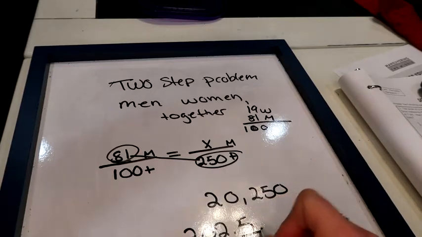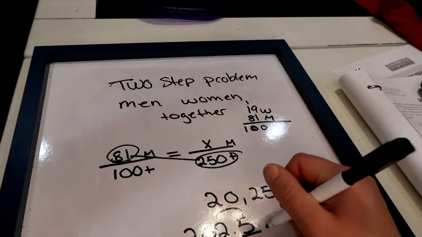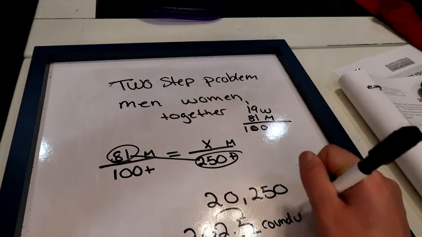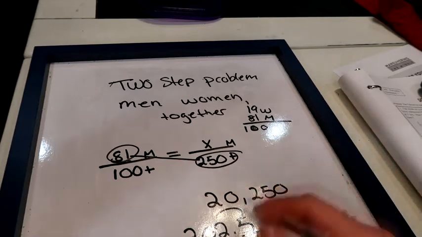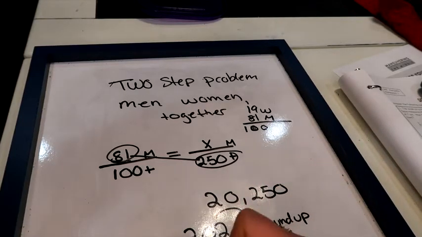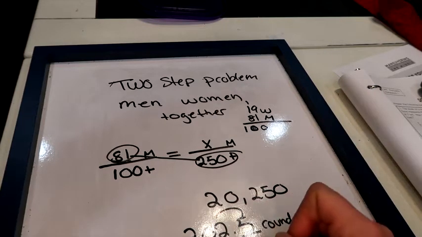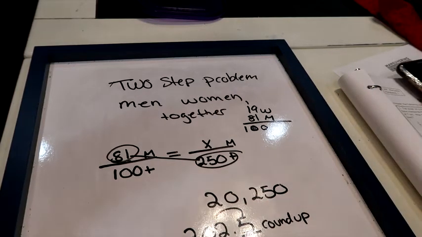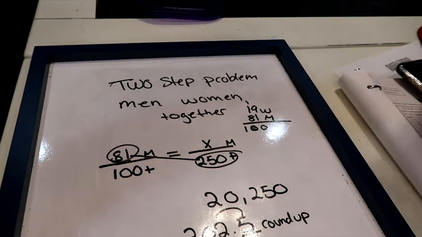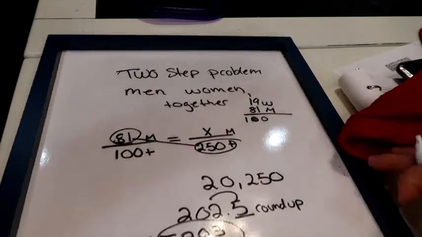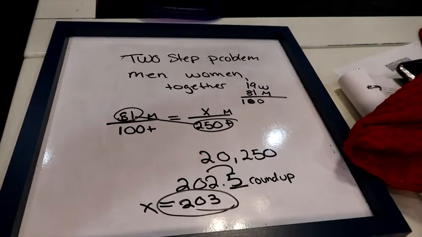Whenever you see the 5, we can round up, which is going to give me 203. So about 203 is our answer. Oops, you can't see it. Now you can. It's about 203.